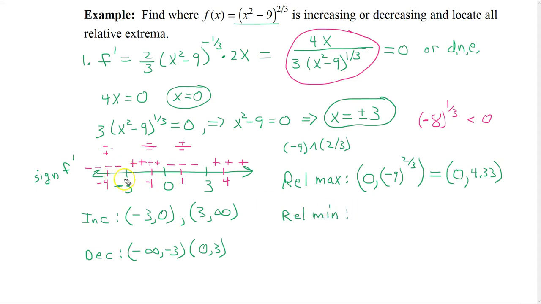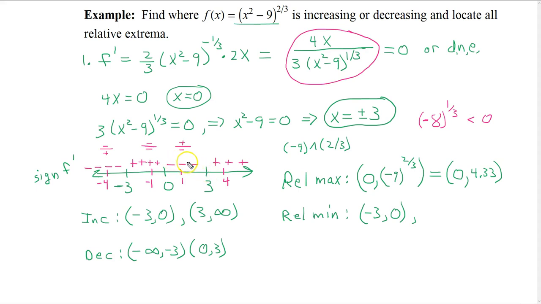Let's see, at negative 3, our function is decreasing and then increasing. So right here is going to be a relative minimum. So that's going to be at negative 3. And if we put negative 3 in for the x up here, we're going to get back 9 minus 9. That's just 0. And at 3, we have another relative minimum.